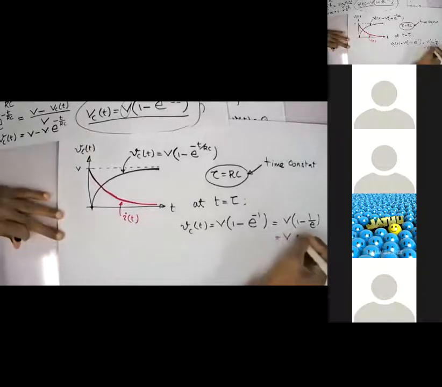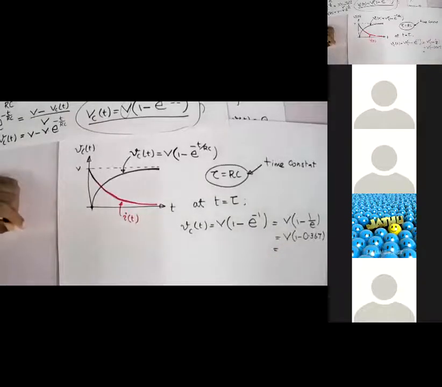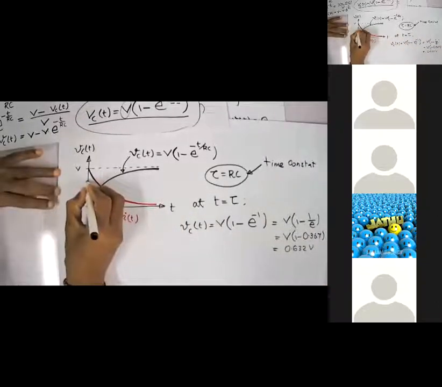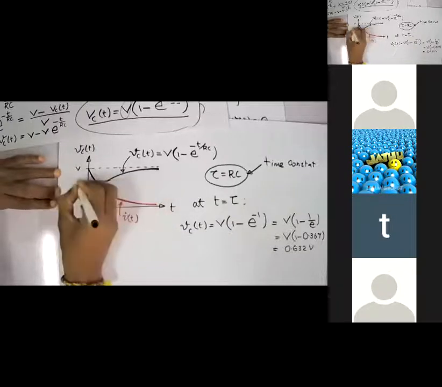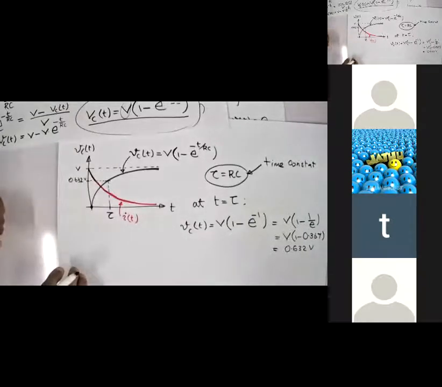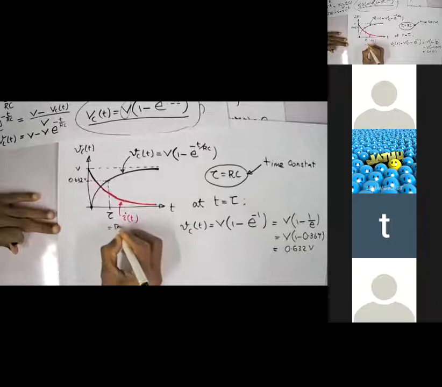So this will be V into 1 minus 0.367, which is 0.632 V. So if you write it somewhere here, 0.632 V, this will be your tau, which is equal to RC.